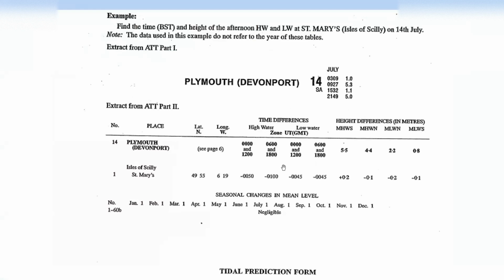So, ito, what we need is afternoon high water and low water. So, ang kukunin natin is we will need to interpolate this one, no? Yung 1532 and 2149 for the time, and for the height 1.1 and 5.0.